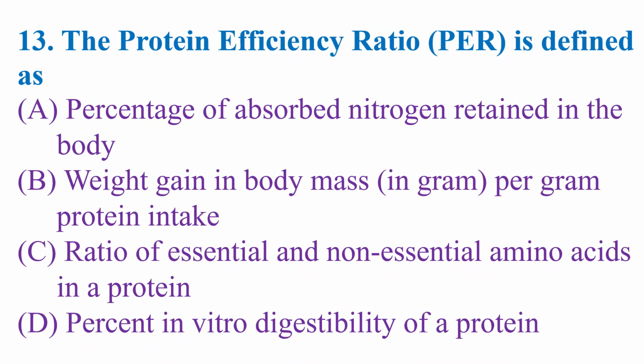The ratio is defined as: A, percentage of absorbed nitrogen retained in the body; B, weight gain in body mass in grams per gram protein intake; C, ratio of essential to non-essential amino acids in the protein; or D, percentage in vitro digestibility of the protein. So protein efficiency ratio is a measure of how effectively a protein supports growth.